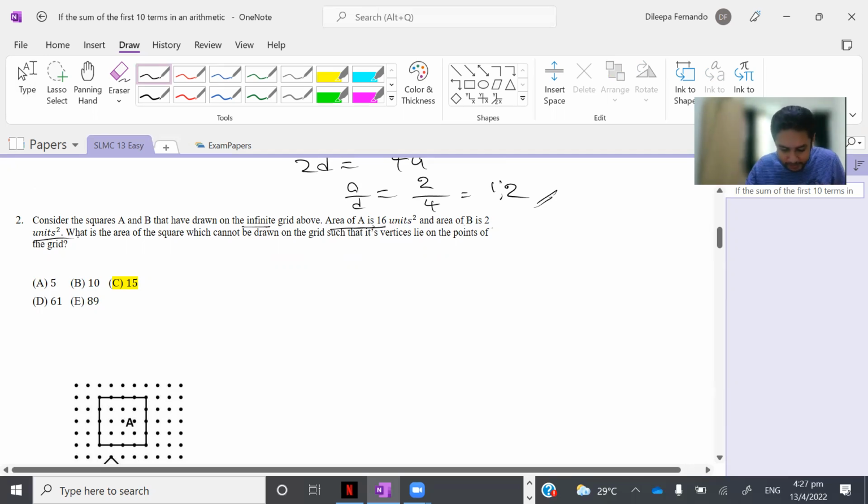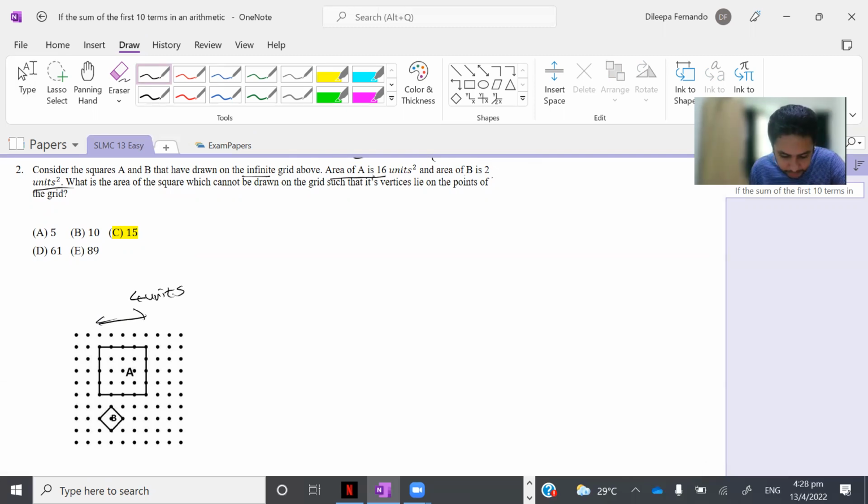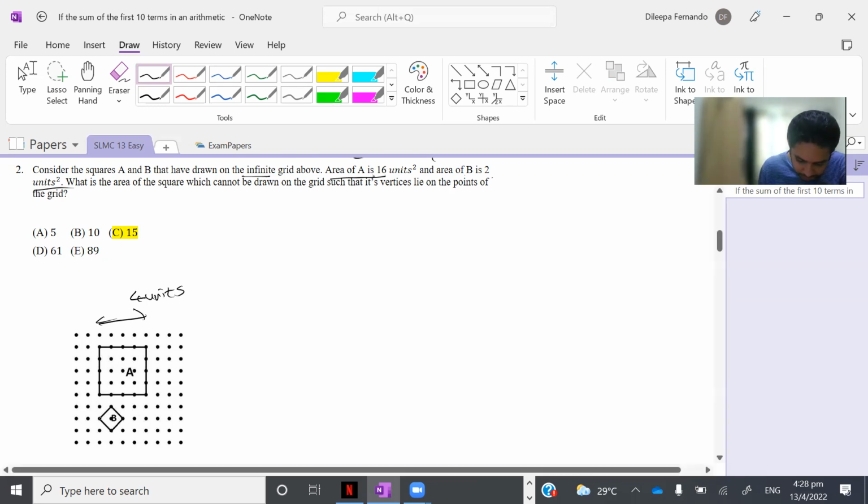The area of A is 16 units because the length of a side is 4 units. In the case of B, you can see there are two points, and the distance between these 2 points is √2, and the area is the square of √2.